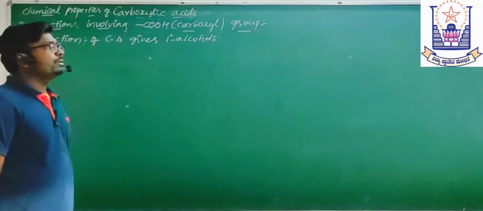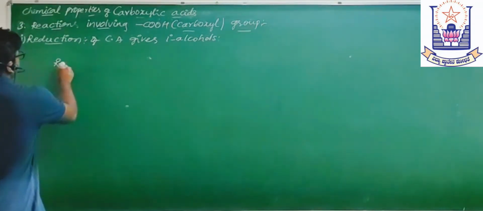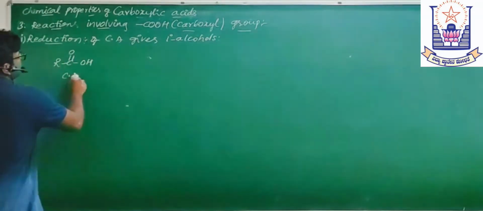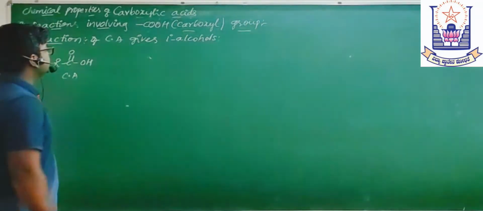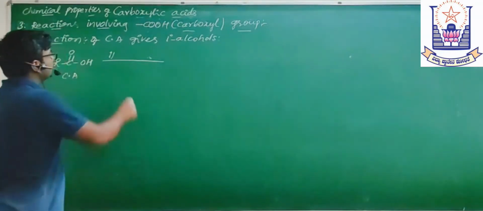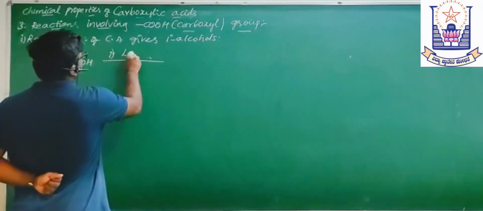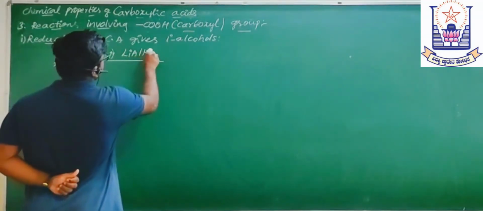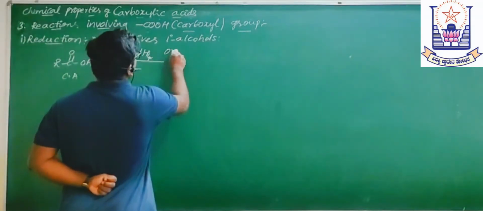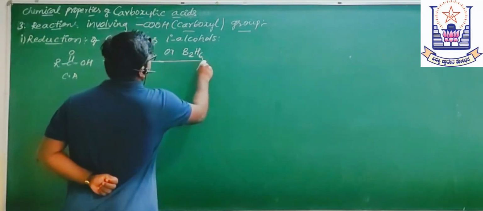I will give you a simple reaction equation. The carboxylic acid is treated, in the first step, with lithium aluminium hydride, or diborane. What is diborane? B2H6.